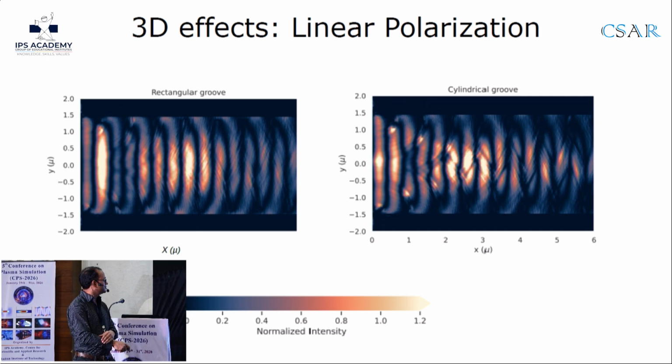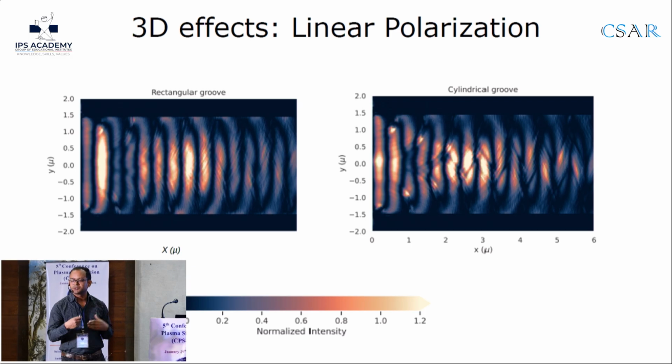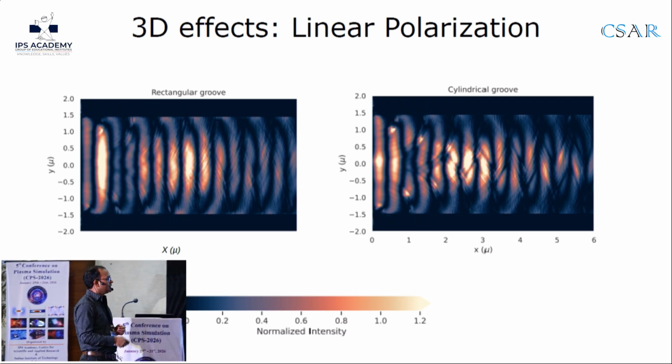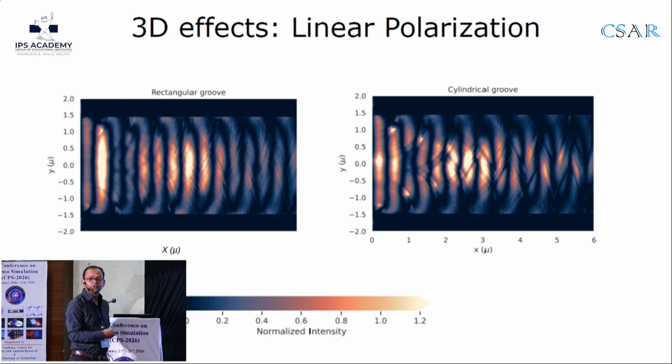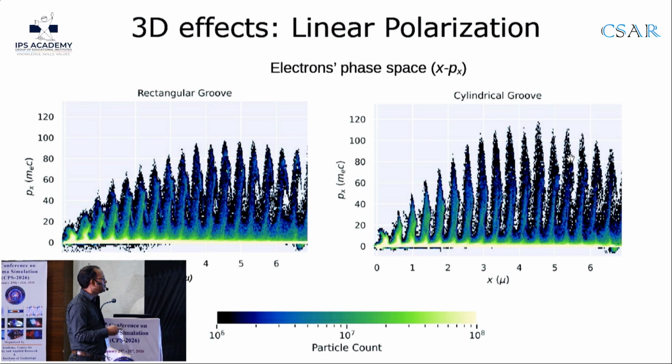What we see is that the intensification of the laser, the increase in intensity compared to the vacuum value, is localized only at a few points in the cuboidal case, whereas in the cylindrical groove it is extended across the groove. So it continuously pulls the electrons from the side walls very efficiently, and that is the reason the cutoff energies are much higher in the cylindrical groove.